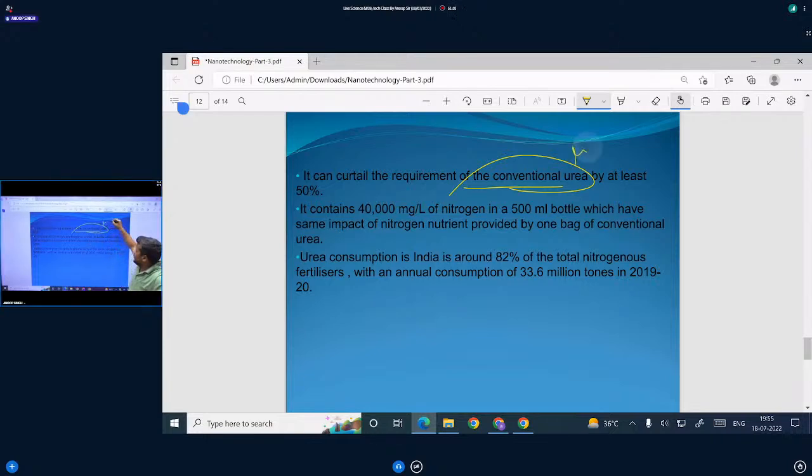In liquid form in the cavity. So it contains the equivalent of 1 bag of the conventional urea.